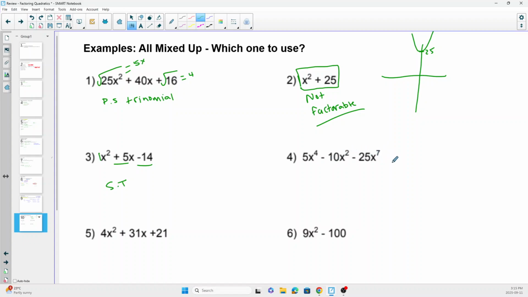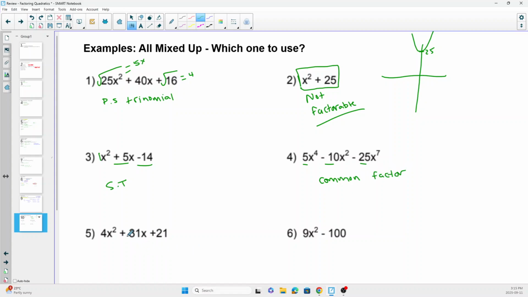Our terms are not in descending order, and these are all multiples of 5. So we would need to do some common factoring, and the most we could factor out here would be a degree 2, leaving this as a degree 5, and we have no methods yet for factoring a degree 5, so all we could do here is common factor, and then we're done.